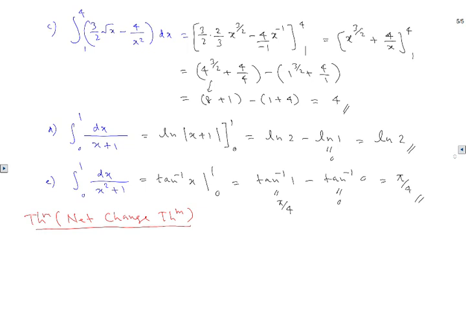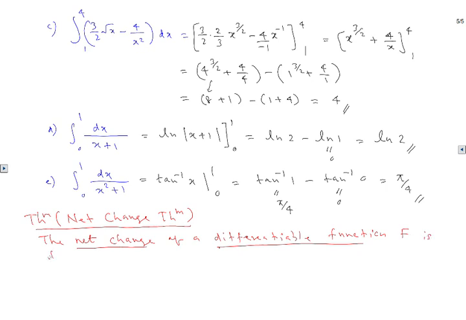So what it says is that the net change, or the total change, of a differentiable function f is the integral of its derivative.